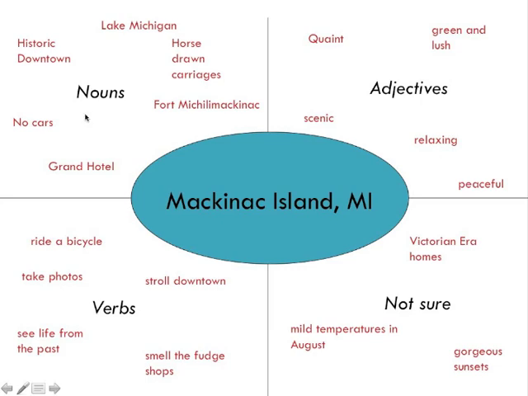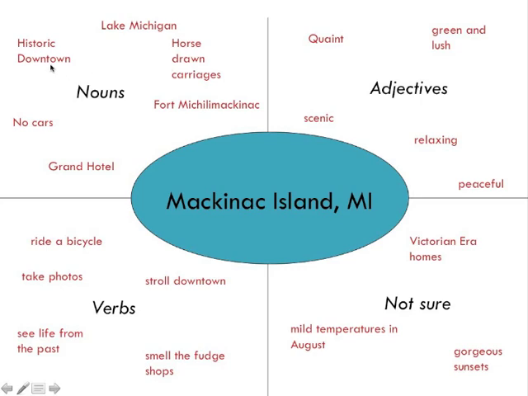Again, when I think of Mackinac Island, I think of specific places I like to visit on the island. But I also like to think about other things, like where it's located. So, for example, the island itself is located on Lake Michigan. Now, one of the nice things about the island is that there are no cars allowed on the island, only bicycles and horse-drawn carriages.